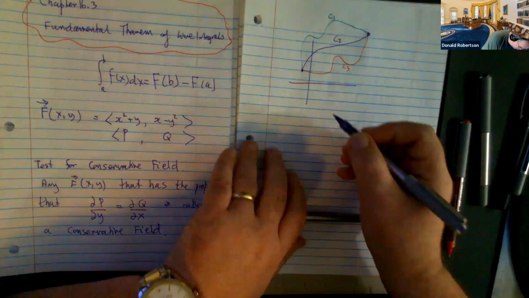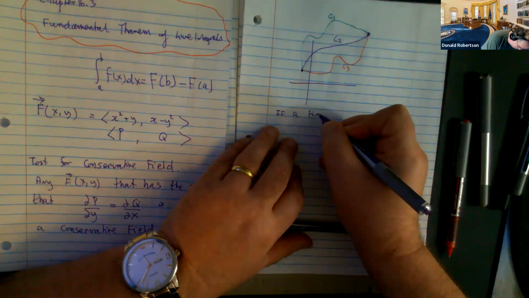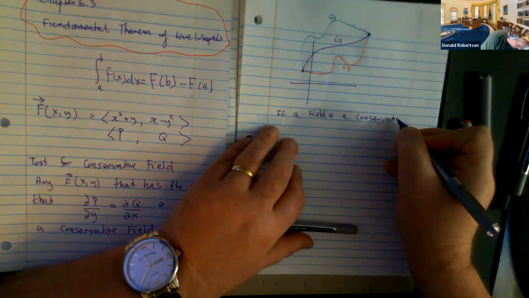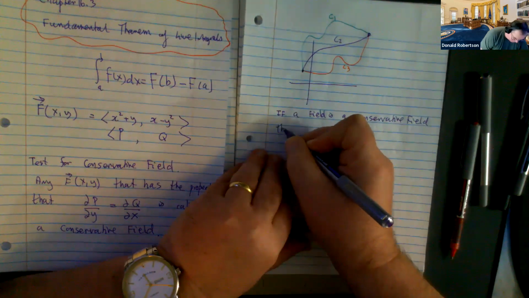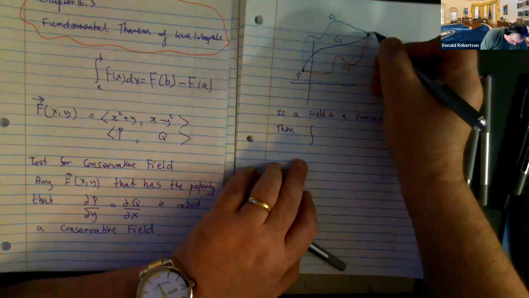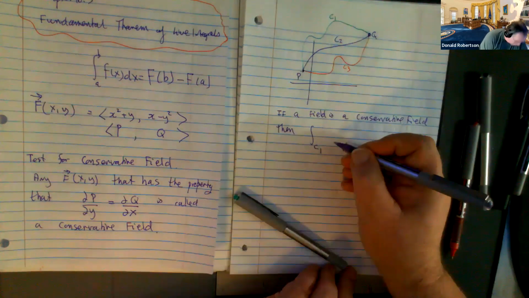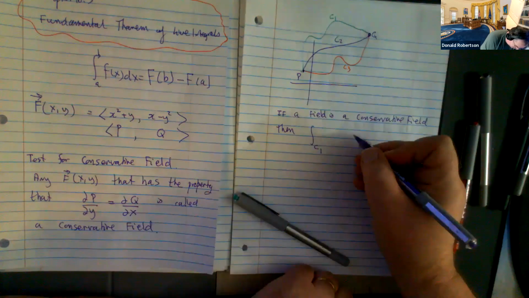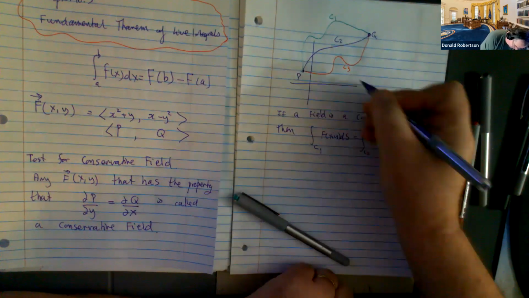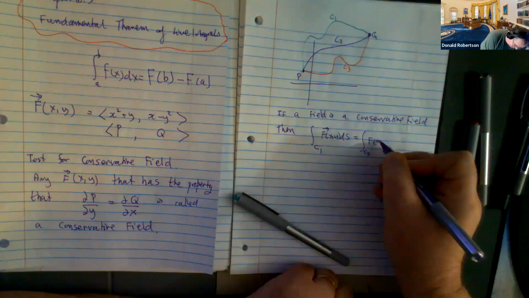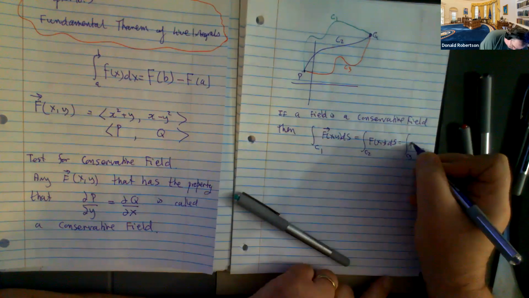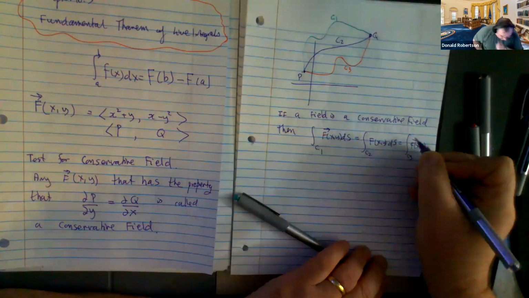If a field is a conservative field, then the line integral from P to Q, if you use route C1, or you use route C2, or if you use route C3, you get the same answer.